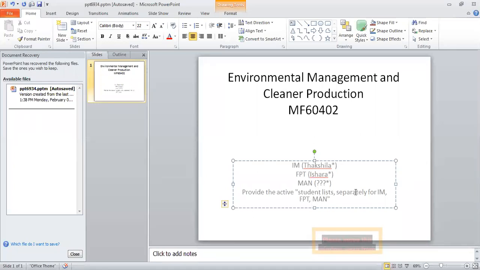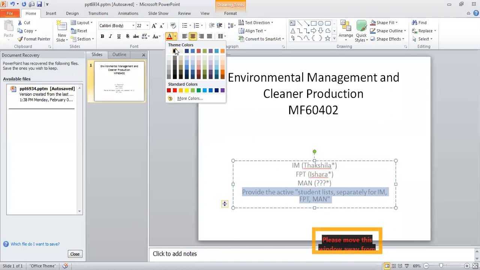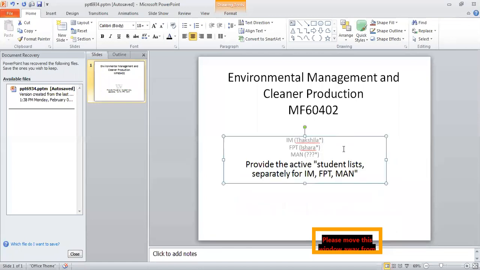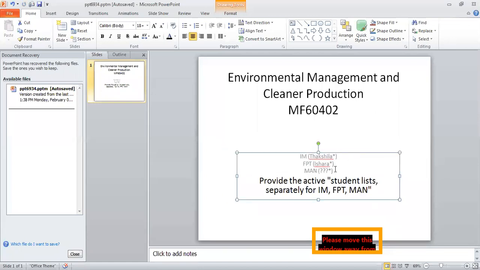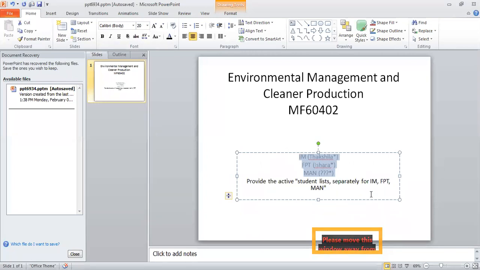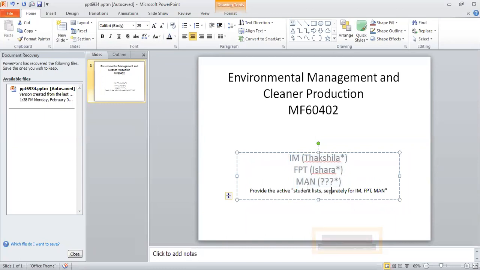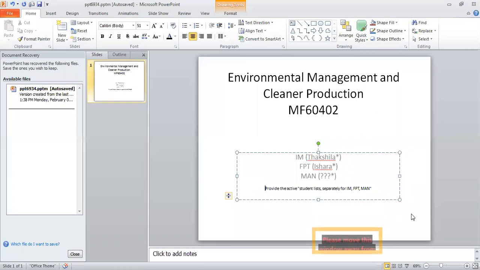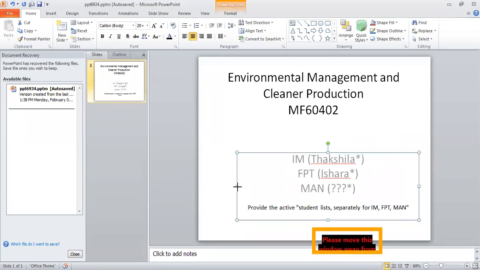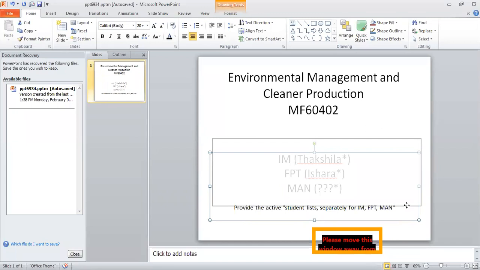This is important for me. It is not a big issue for the three batch representatives. So please help me with this information, and this is the help you are giving for the entire batch of your IM, FPT, and manufacturing. Okay, good.